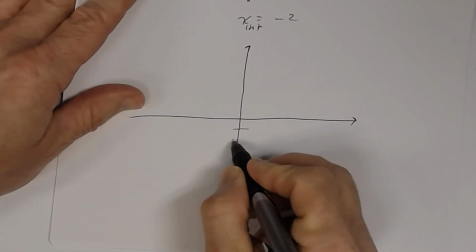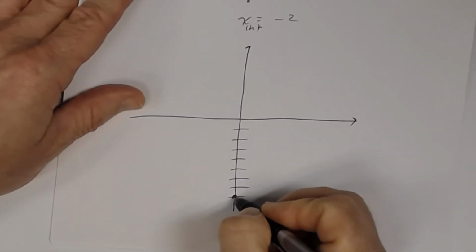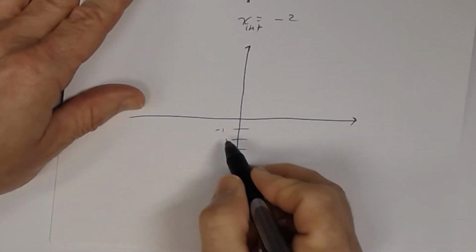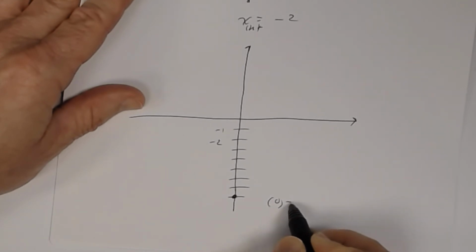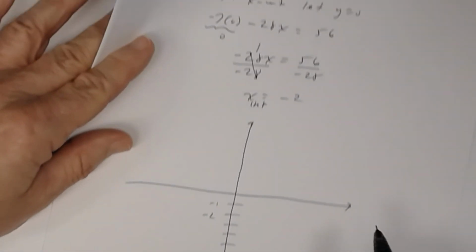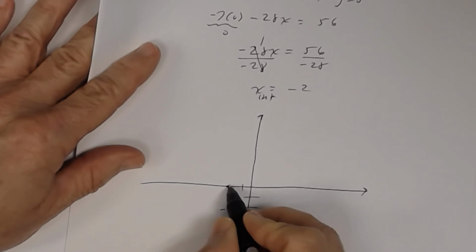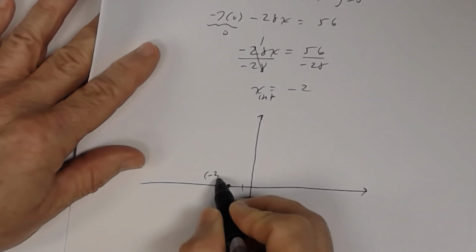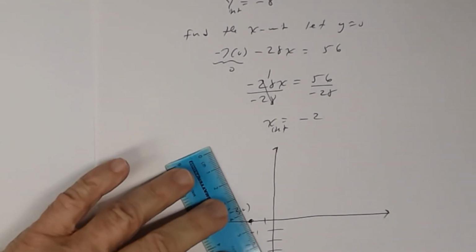So let's see, 1, 2, 3, 4, 5, 6, 7, 8. So there's negative 8, right? Negative 1, negative 2, and so on. So that's the point here, 0, negative 8. Then the x-intercept's negative 2, so I go to the left, 1, 2. So there's the point here, negative 2, 0. And then all you do is draw your line, and you are done.